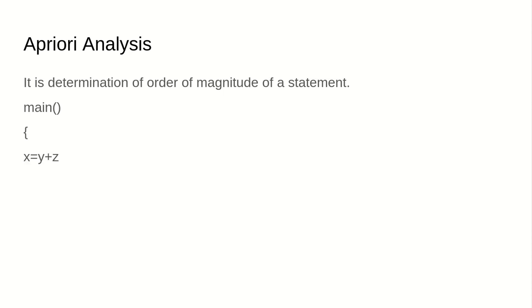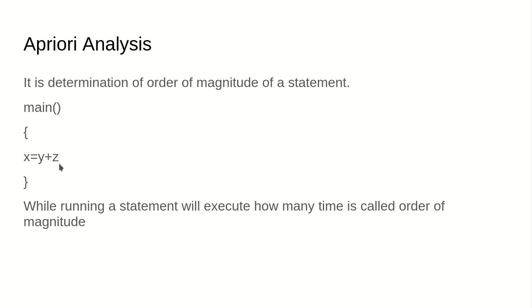Take an example, main. This statement will execute only one time. There is only one statement, which will execute only one time, so its time complexity will be theta of 1. While running, how many times a statement executes is called the order of magnitude of a statement.